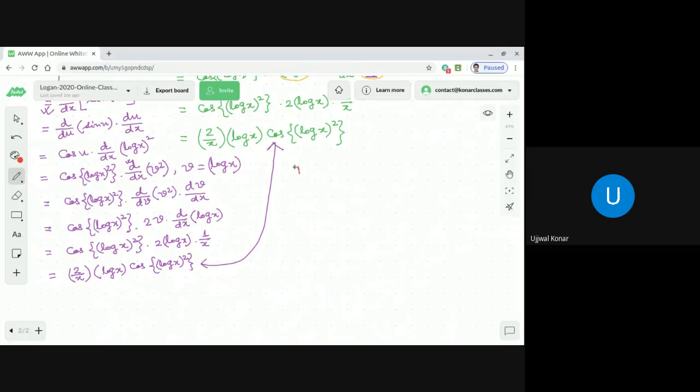If y equals square root of x plus 1 by square root of x, whole square, find dy/dx. Is the question clear to all of you?